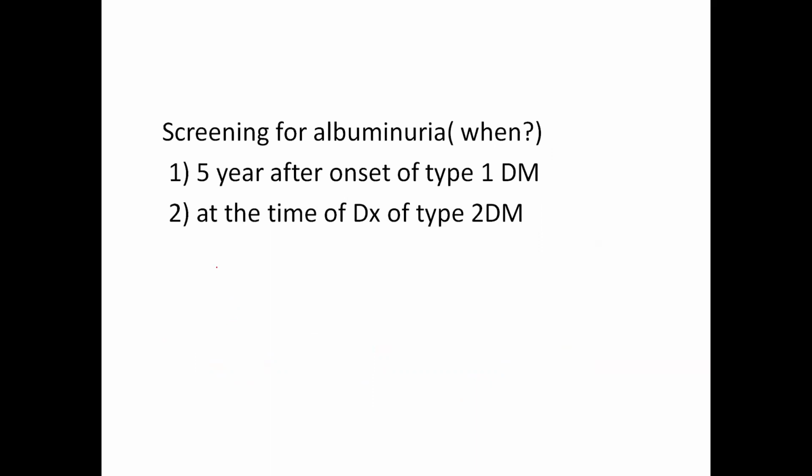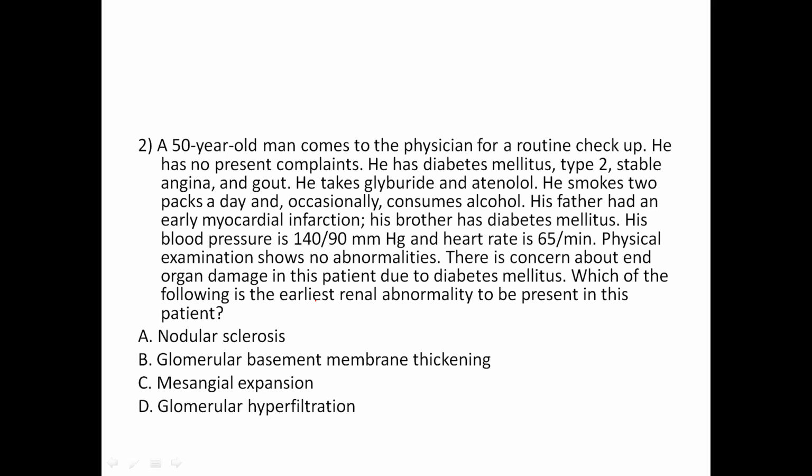As you know, when you diagnose type 2 DM, you suspect micro or macrovascular complications, so you screen for the different complications, one of which is diabetic nephropathy. And the third time to screen for albuminuria is during pregnancy.